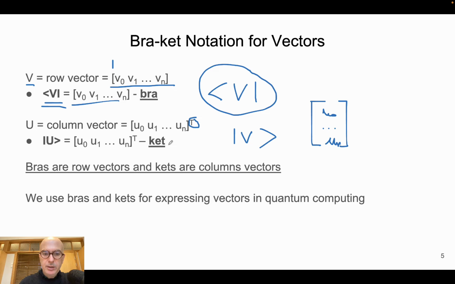So this ket is nothing else than the column vector. These are just fancy words to express row vectors, the bras, and column vectors, the kets. We will see the use of bras and kets all over the course. Nothing to worry about, it's just a way to call row vectors and column vectors in quantum computing and in quantum mechanics.